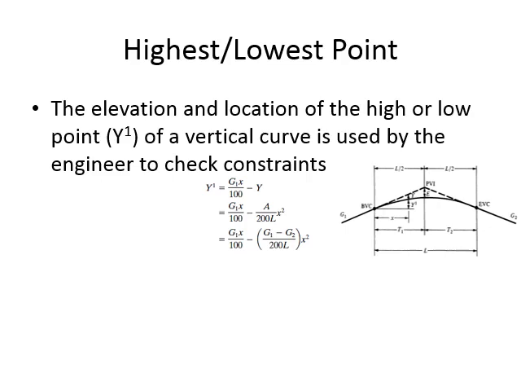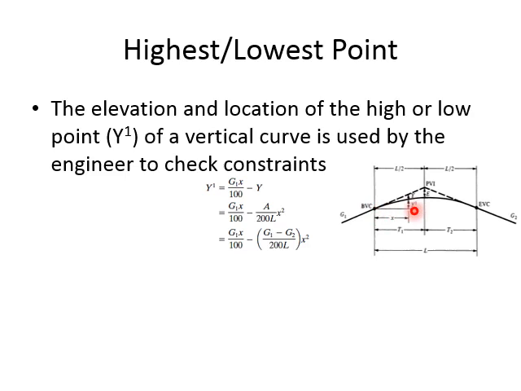So let's say the highest point of the curve is y1 distance above BVC. What is y1? It is the difference of elevation between BVC and the highest or the lowest point of the curve, whatever you are considering.